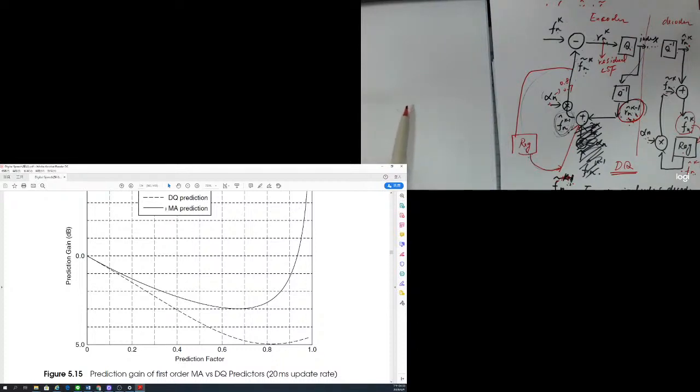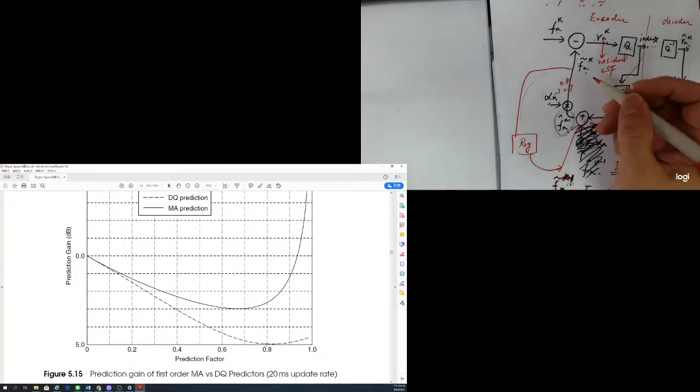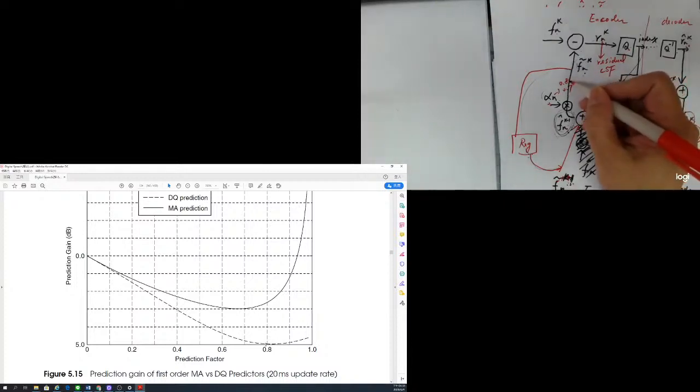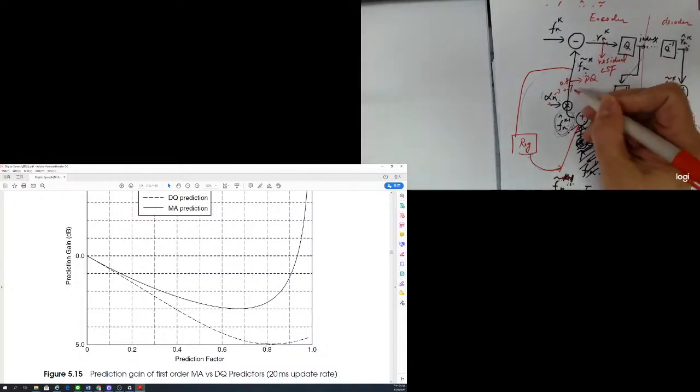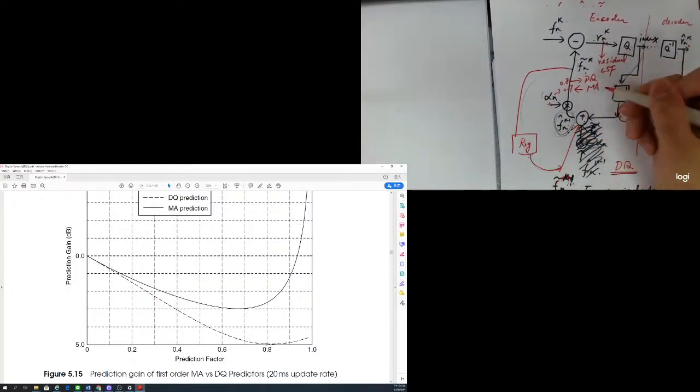If we are using the differential quantizer, because they are more highly correlated, the interframe coefficient is highly correlated, so the alpha n will be higher. So you can see for DQ, 0.8 is preferred, and if you are using a moving average, they only have 0.7.